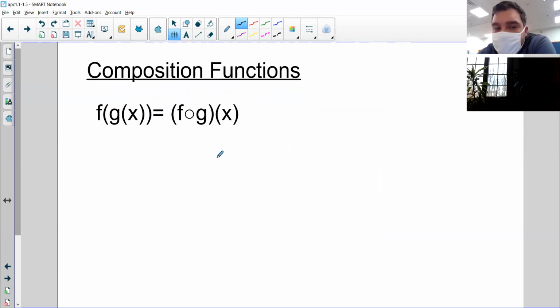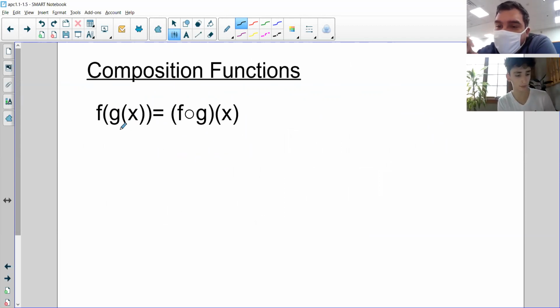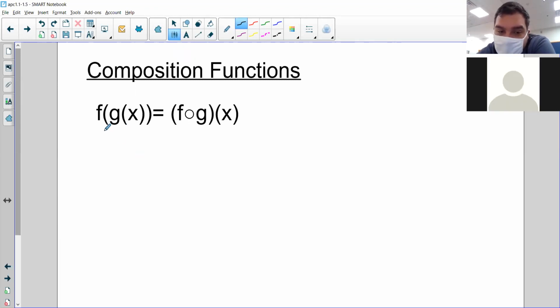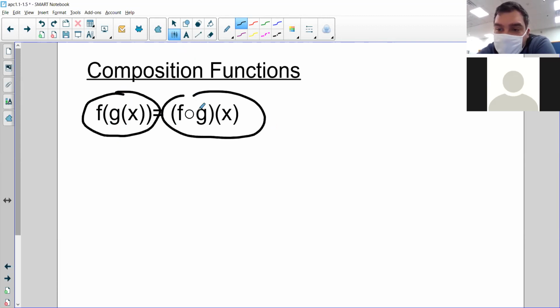Composition of functions. This is our next section. This is like the Russian nesting of a function, where you have a function within a function. Sometimes it's written like this, but I usually like writing it like the one on the right.